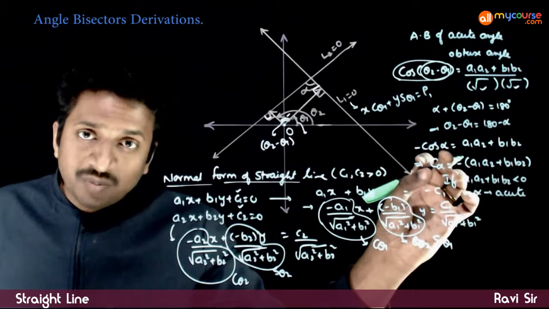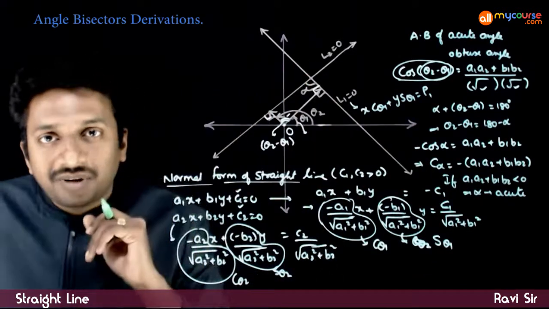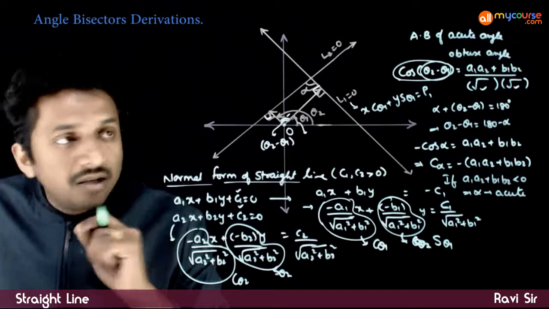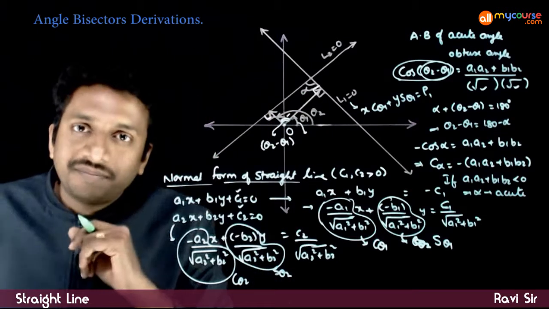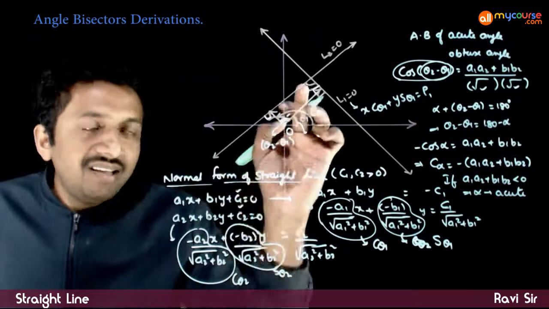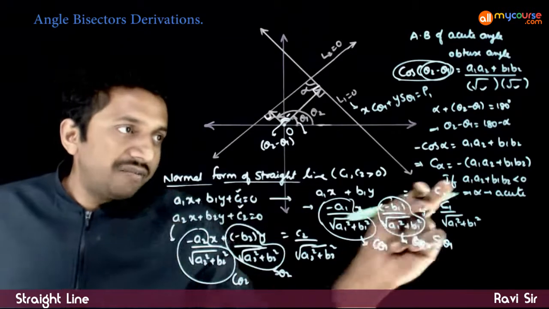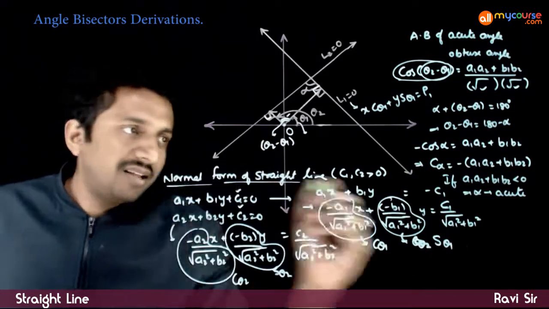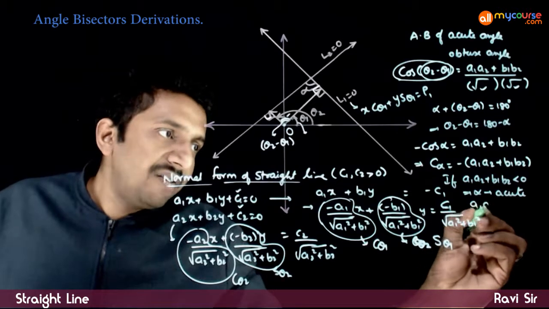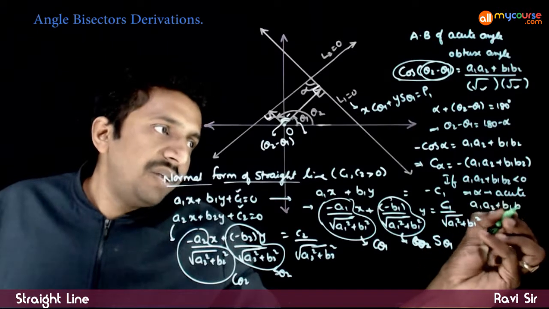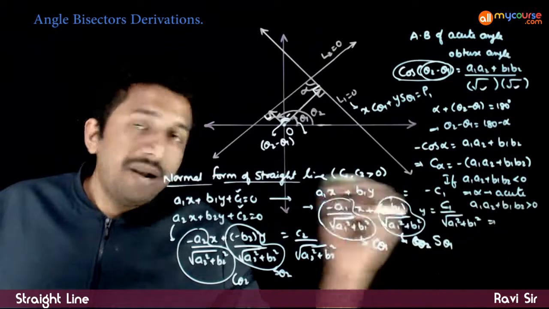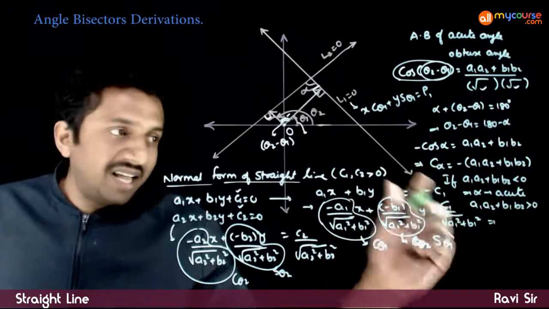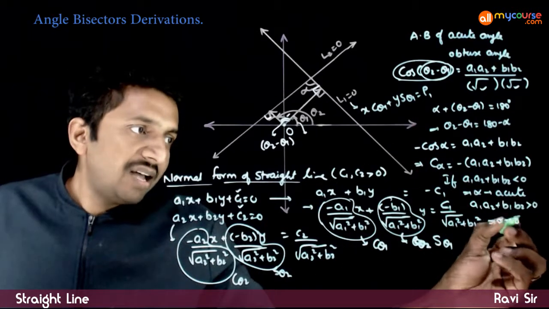So cos alpha is positive. So alpha is acute. That means origin lies in acute angle. So if a1 a2 plus b1 b2 is negative, then origin lies in acute angle. Similarly, a1 a2 plus b1 b2 is positive, implies cos alpha is negative, so alpha is obtuse.